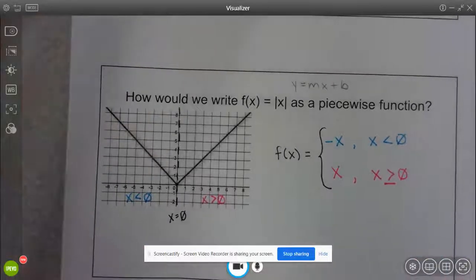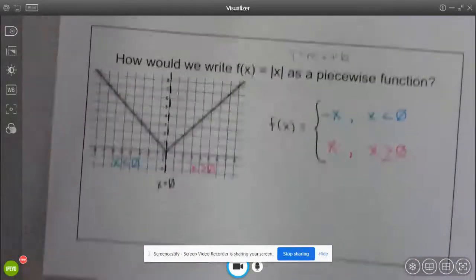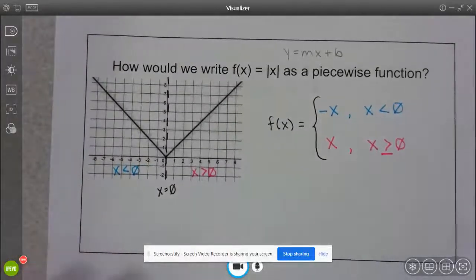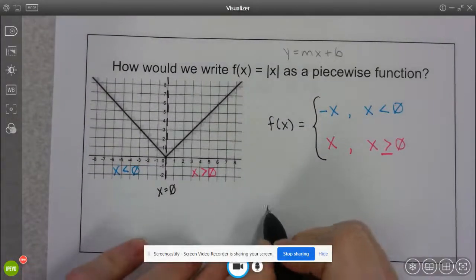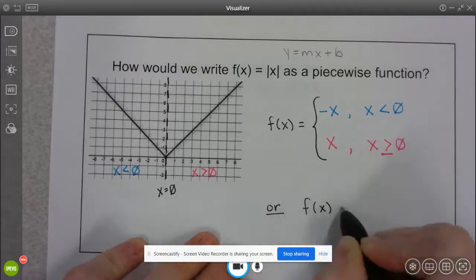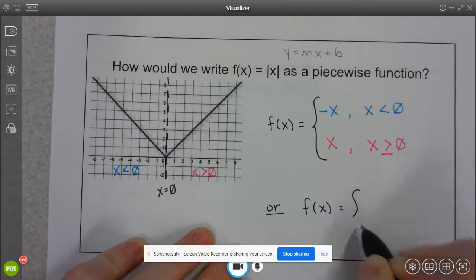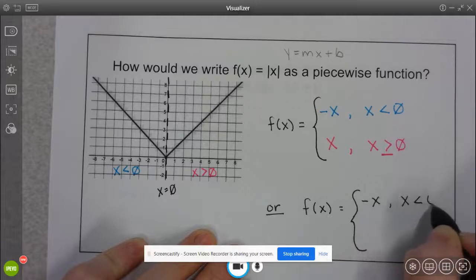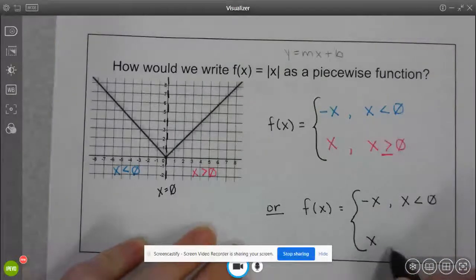Our other option, and I'm going to scoot this down just a little bit so I have more room, is when we have our function here, negative x for x is less than 0, x for when x is greater than 0.